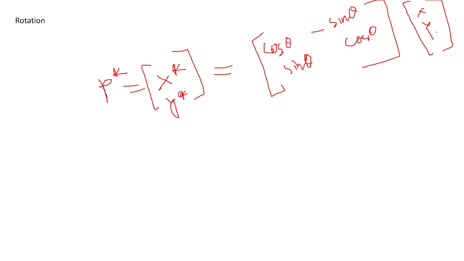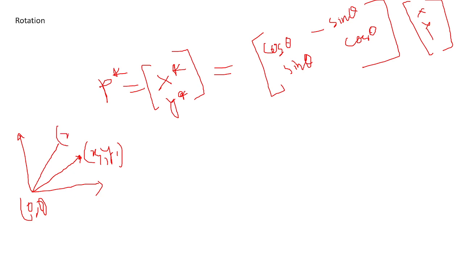Actually, for rotation anti-clockwise, if we draw a graph, with origin 0 0, the point x1 comma y1, that point x2 comma y2, and this is theta.